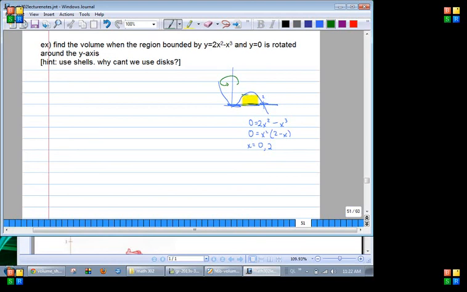Horizontal. So how would we do that? In theory, it would be one function minus the other one, but here it's the same function. There's nothing minus the other.